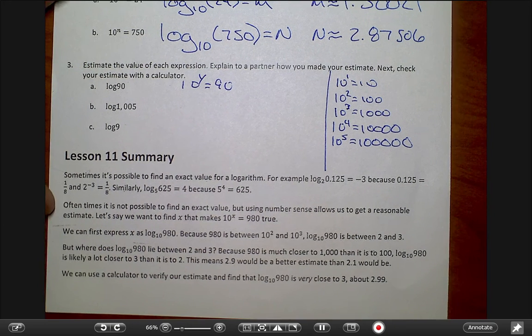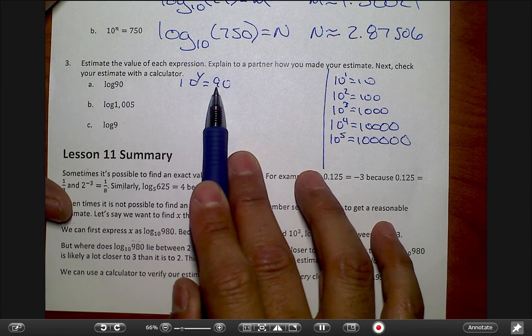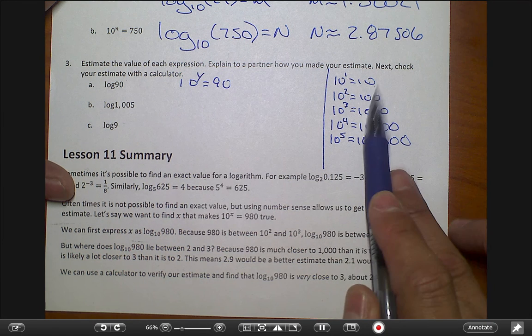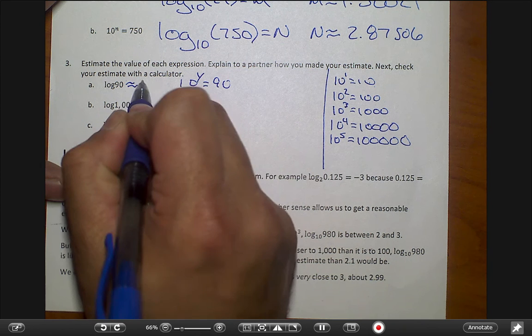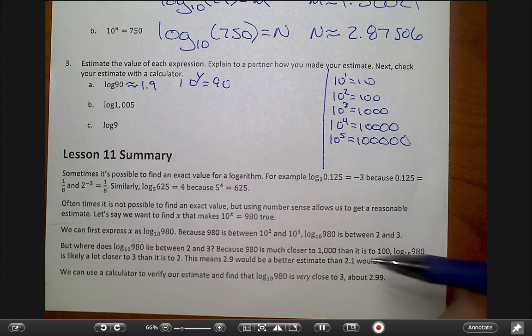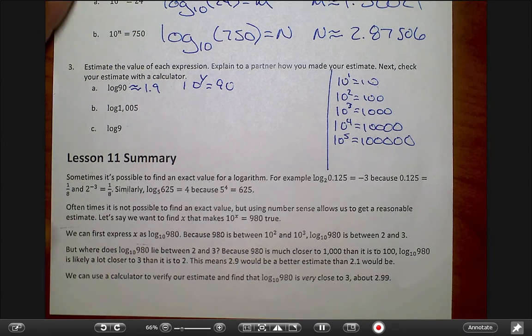All right, so 90 is going to be between 1 and 2, so I would say that would be about 1.9, right? It's because it's closer to 2 than it is to 1, isn't it? Okay, that's good.